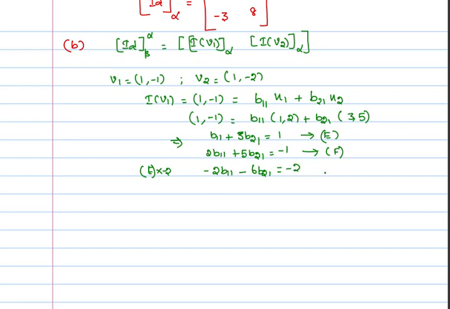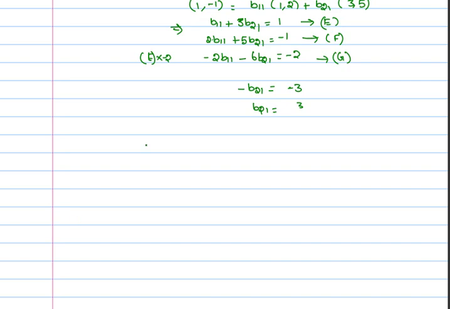Now we add this equation, which you take as G. If you add F and G, the 2B11 terms cancel out, and this becomes minus B21 equal to minus 3. So B21 equals 3.